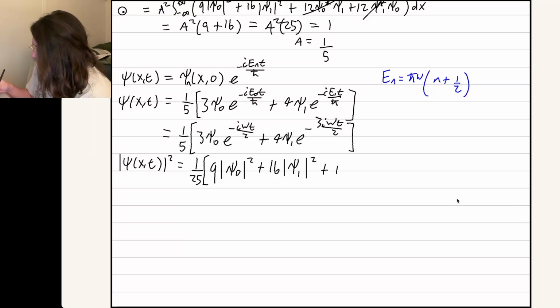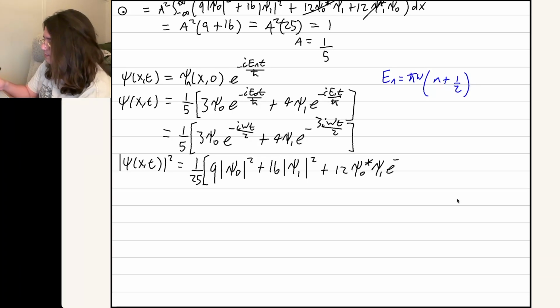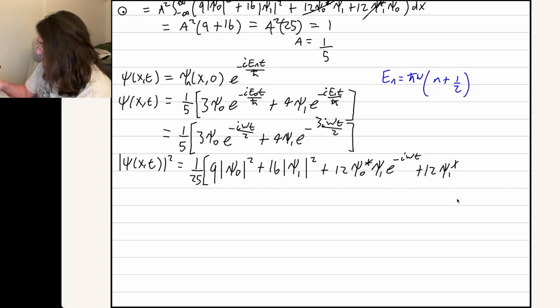So first off, you're going to have 12 times psi 0 star, so we're taking the complex conjugate of the psi 0 stuff, times psi 1, so you'll have e to the minus 3/2 plus 1/2, so minus 1, e to the minus i omega t. That's it. And then another term, 12 psi 1 star psi 0 e to the plus i omega t.